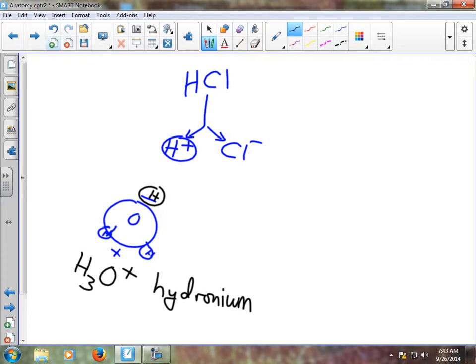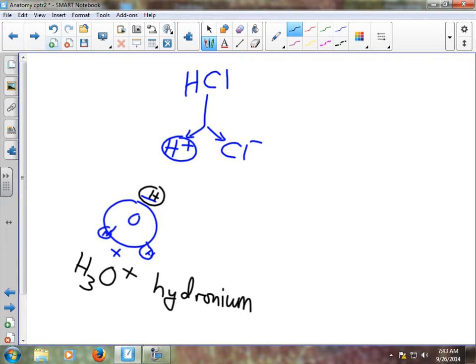Okay. So what's going to happen? See if we can make this connection. What's going to happen to the amount of this as I put more acid into water? Say again. Or it's going to become more acidic. It is. So as I add more of this, I'm going to have more of this. The more of this, the more of this.